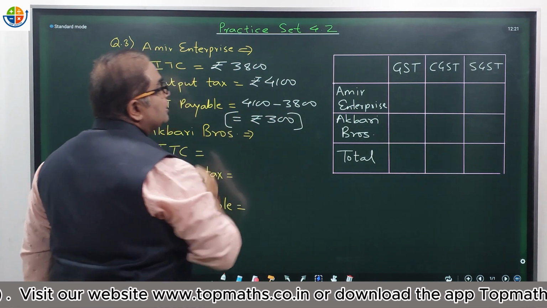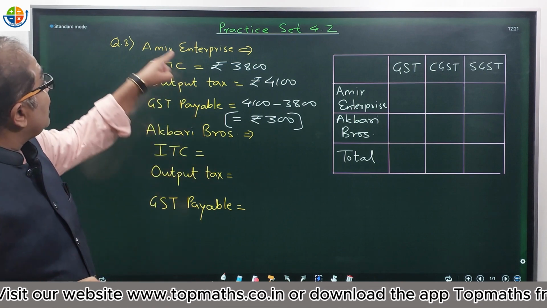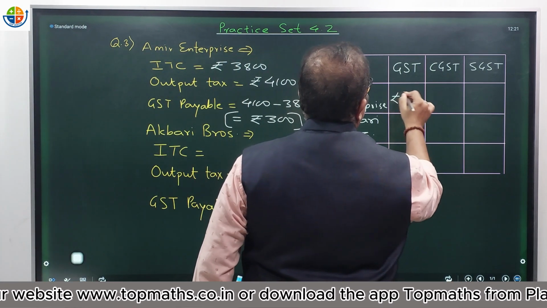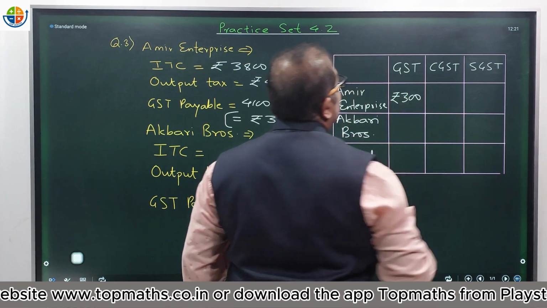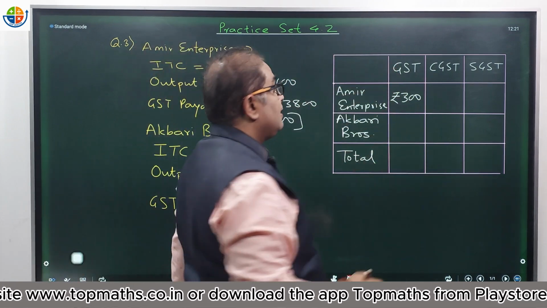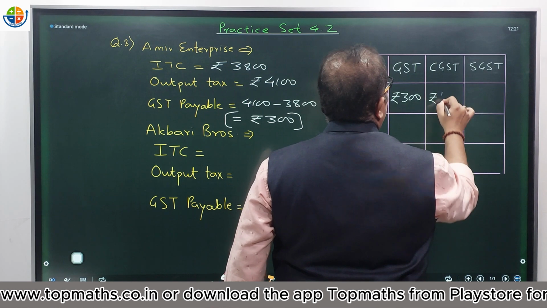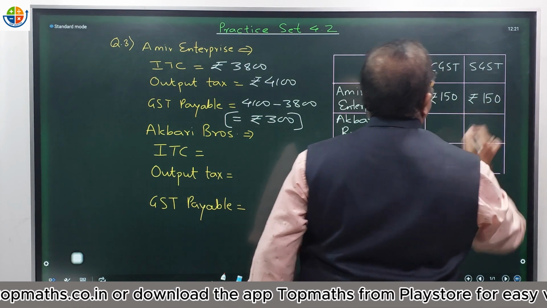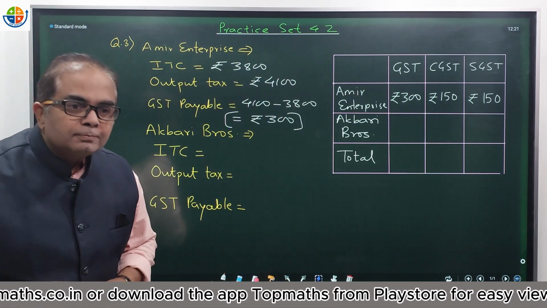Correct? This much is the GST payable by Amir Enterprises to the government. So GST paid is 300 rupees. So what is CGST? इसका आधा rupees 150 and SGST is also rupees 150. Understood?